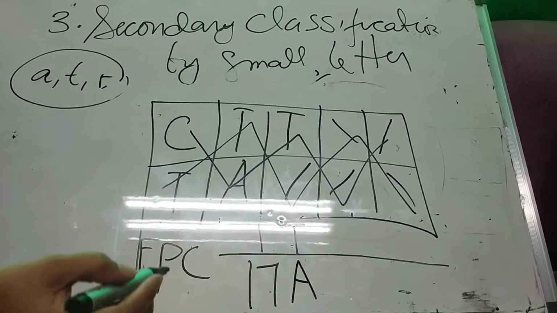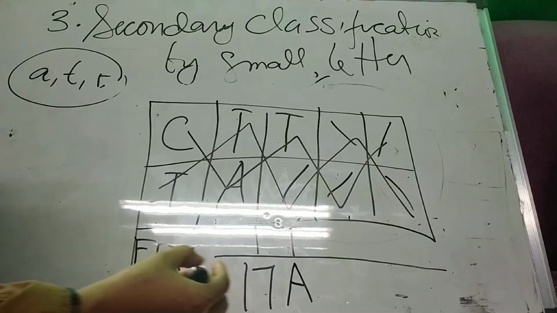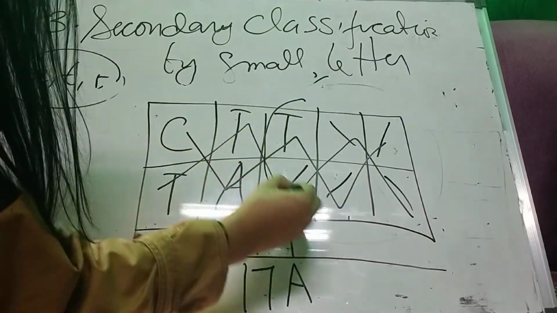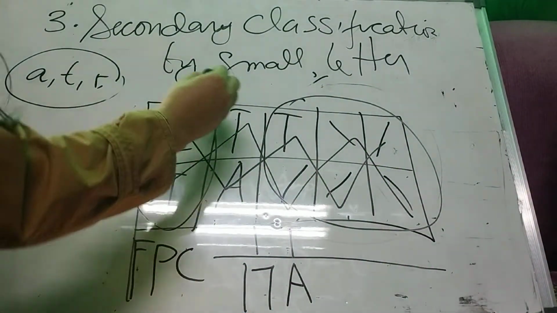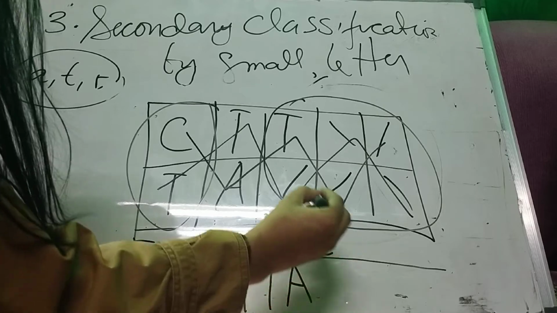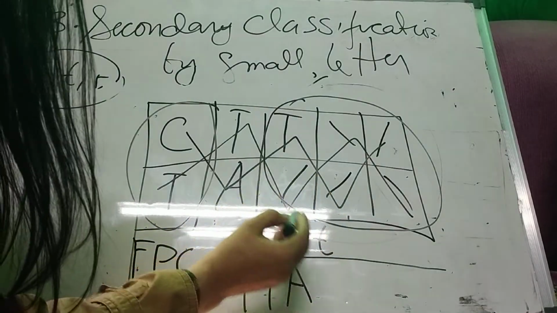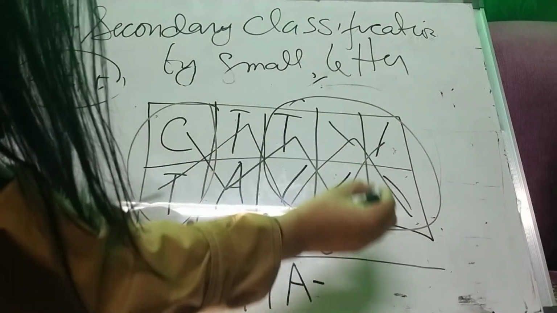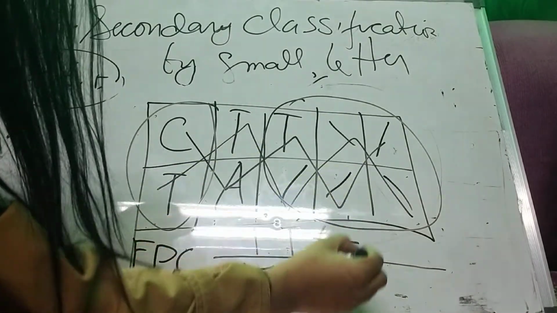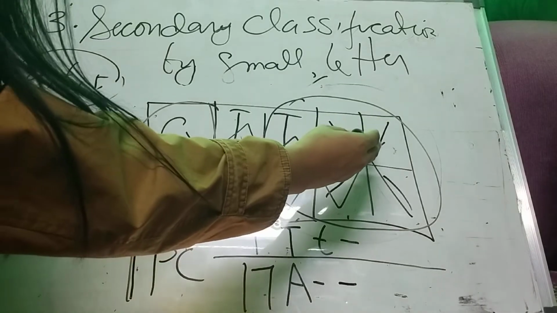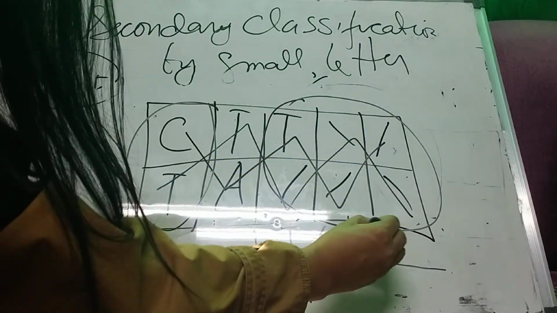How about the secondary classification by small letter? These are the fingers involved plus the thumb. So, this is T. How about this one? Is this radial or ulnar? That is ulnar. How about that? That is ulnar. This one, ulnar. And this one is radial.